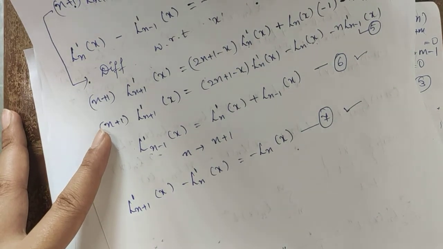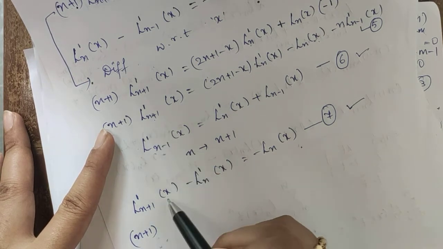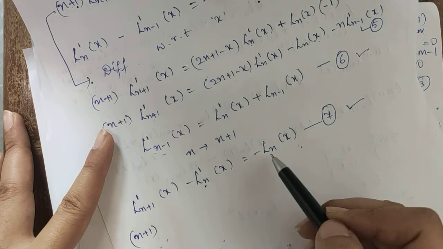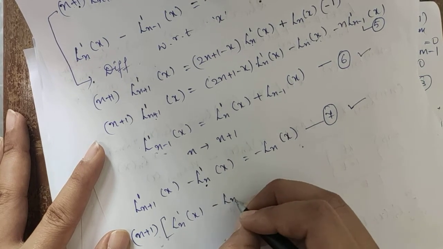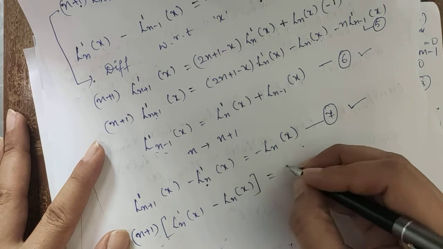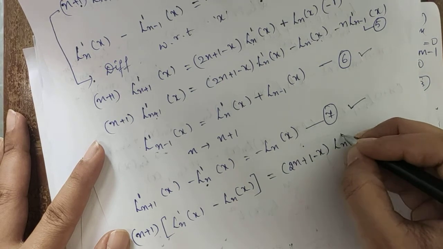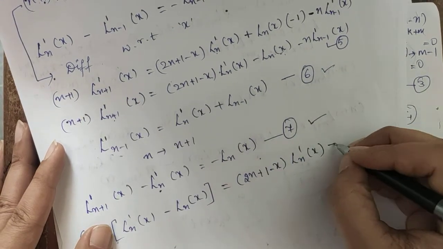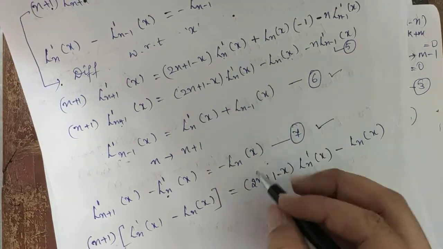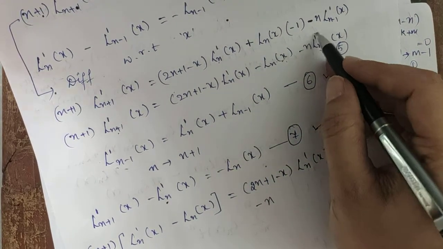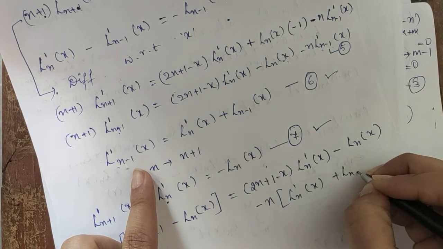So you will get (n + 1) times L(n+1)' means Ln'(x) − Ln(x), right? Ln'(x) − Ln(x) is equal to (2n + 1 − x) Ln'(x) − Ln(x) as it is, minus n into L(n−1)'(x), which means Ln'(x) + L(n−1)(x).